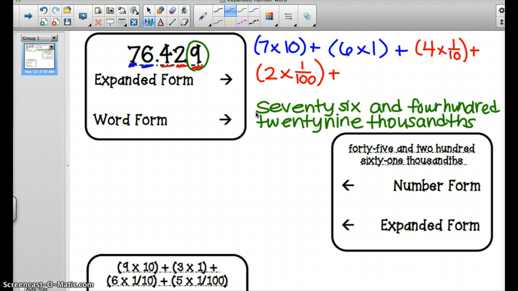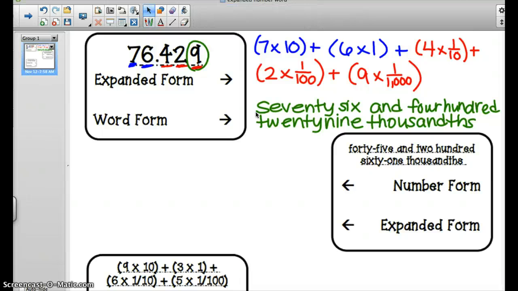And then lastly, we have our 9. Emma? 9 times 1/1,000th. So when you're expanding it, you're not just writing 70 plus 6 plus 4/10ths plus 2/100ths plus 9/1,000ths. You are writing out the actual multiplication problem to show that you understood how to get to it. All right, let's look at the next one.